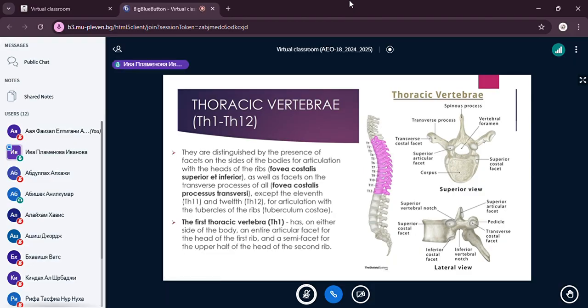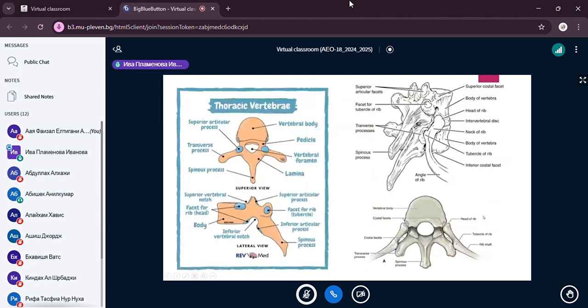And of course, we have articular surfaces for articulation with the heads of the ribs, which is called fovea costalis. Maybe on the other side.